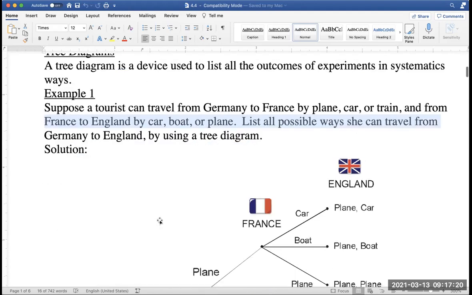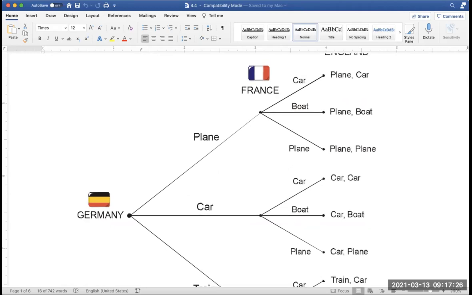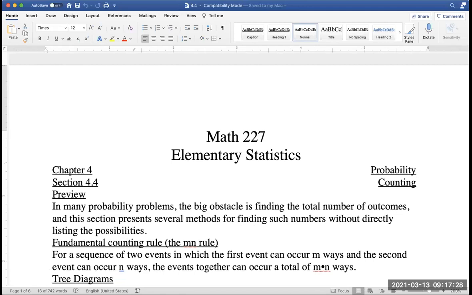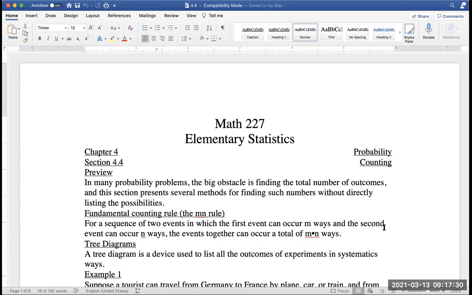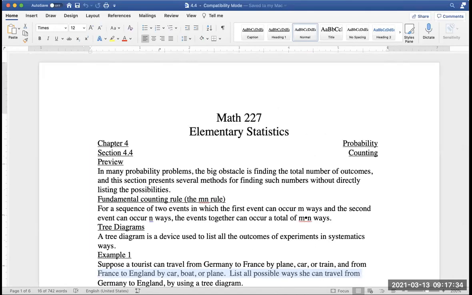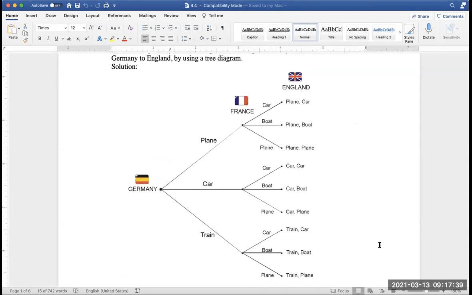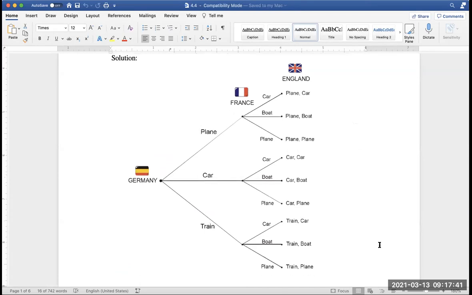So let's do that. Let's make it a little bit smaller. Okay, there. Now you can see it. So from Germany to France, they can go by plane, boat, train.